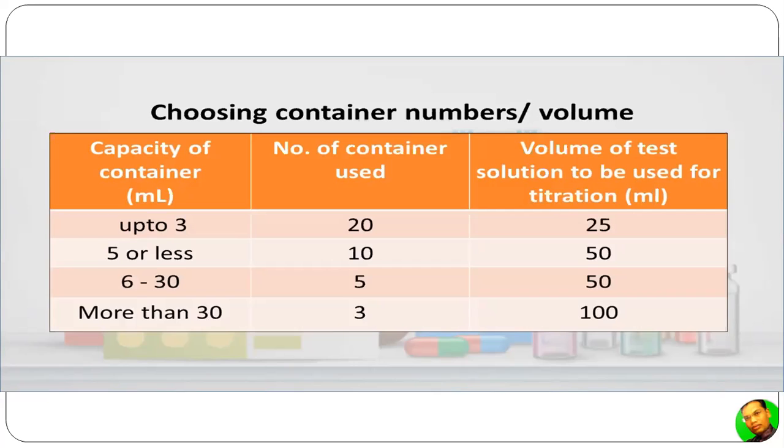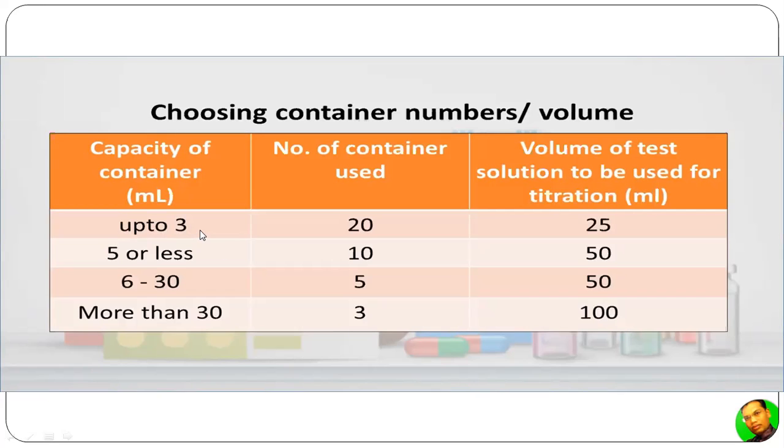And if the capacity of the container is more than 30 ml, then the number of containers to be used is 3, with the volume of the test solution for titration being a maximum of 100 ml.